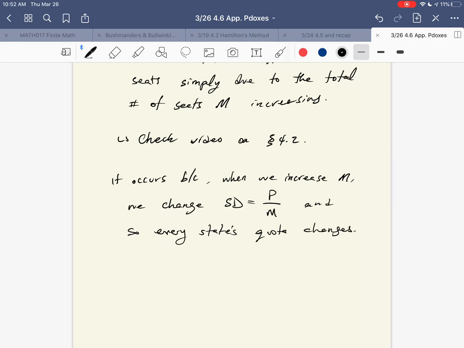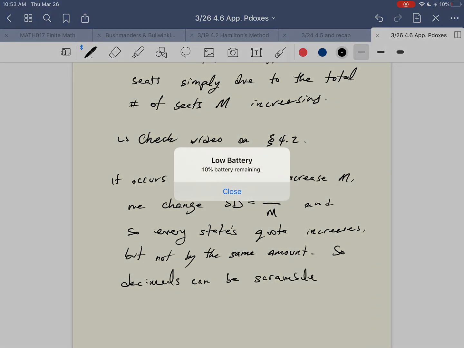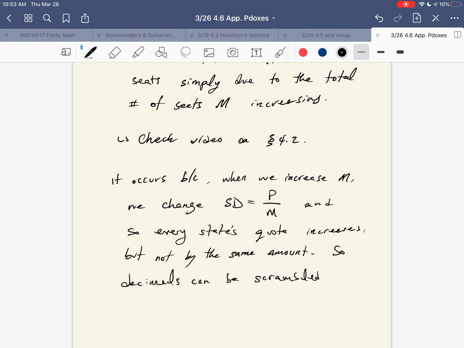And when every state's quota changes, that doesn't mean that the decimal points will all change by the same amount. Moreover, every state's quota increases, but not by the same amount. So decimals are scrambled. Can be scrambled. And then rounding down or rounding up, and then different states might have higher residues than others.